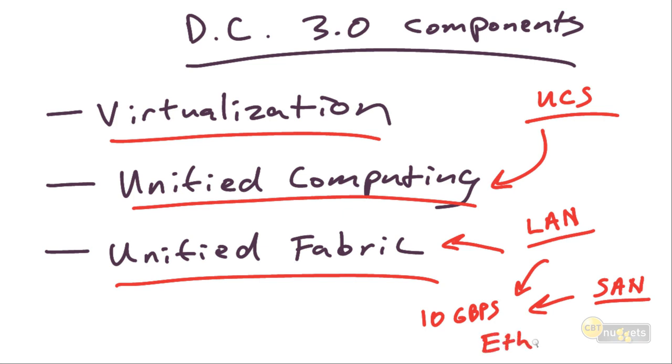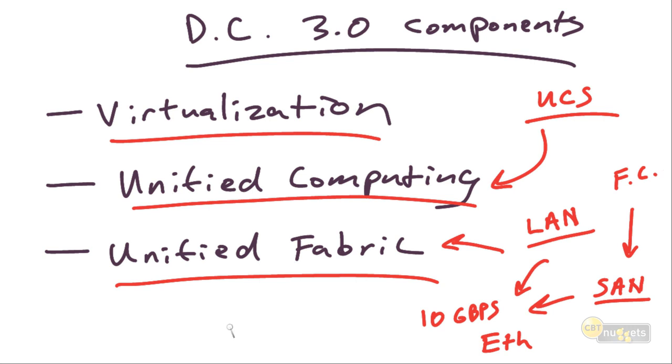We're going to go ahead and take both LAN traffic and storage area network traffic and unify them on these real high-speed Ethernet flavors that we have today. You see, storage area network traffic was typically moved with something called Fibre Channel.